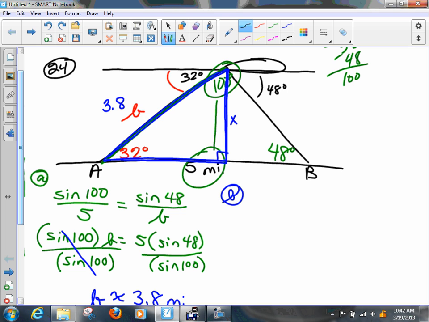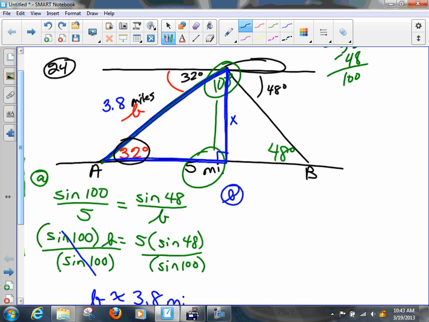I can't say that this piece here is going to be 2.5 and over here is going to be 2.5 because I don't know for certain that this altitude is going to bisect that segment AB. Okay? So I'm using what I have at my disposal. Right now, I have the distance from the plane to milepost A, which I found to be 3.8 miles. Okay? And I know that this angle is 32 degrees.